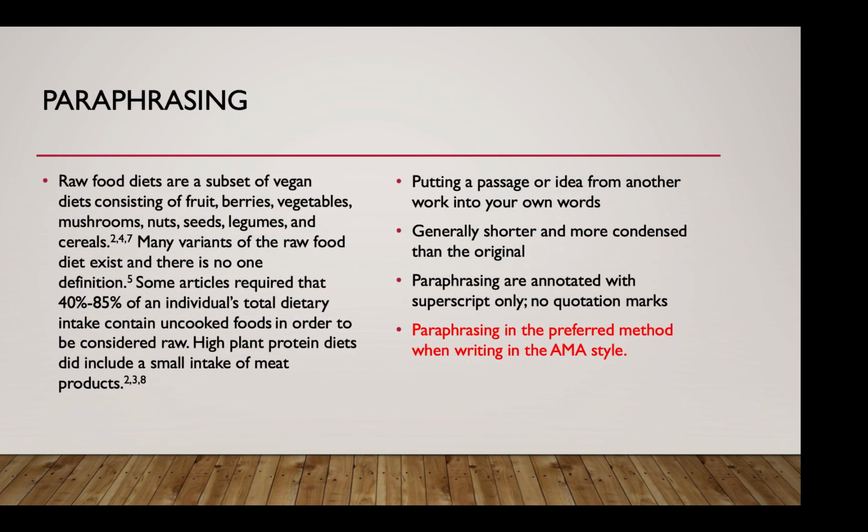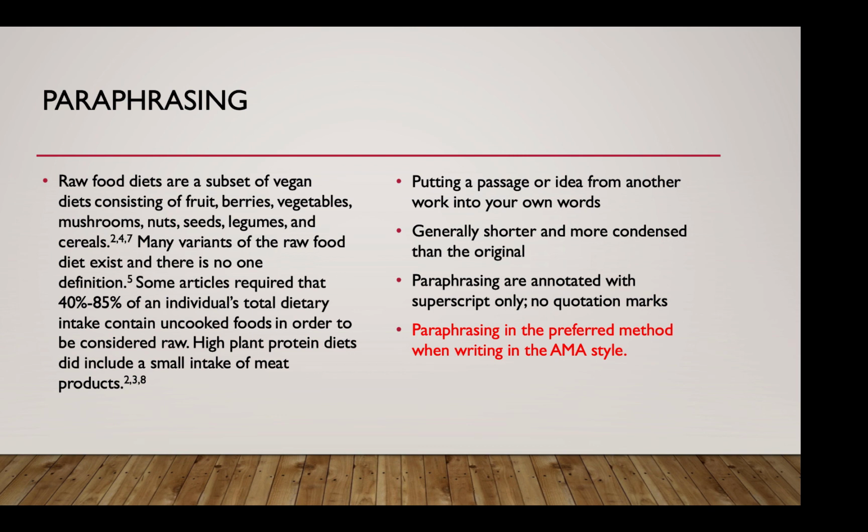So in general, I like to tell students that with AMA style, paraphrasing is the preferred method. If you do not absolutely have to do a direct quote, your goal should be to paraphrase. And how you paraphrase is you put a passage or an idea from another person's work in your own words. It's generally shorter and more condensed than the original.